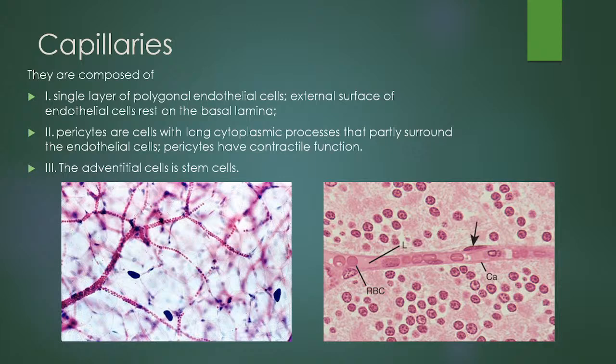General structure of capillaries. Capillaries are composed of, first, a single layer of polygonal endothelial cells.